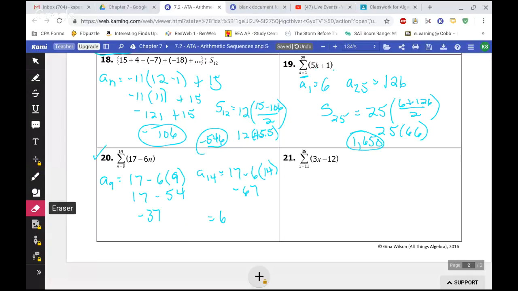Actually, I wouldn't write it like that either. I would just say that it equals, nice sigma, Miss Sparks. Because you have 6 total terms, because you get that from taking the top number, subtracting the bottom number, and then adding 1.